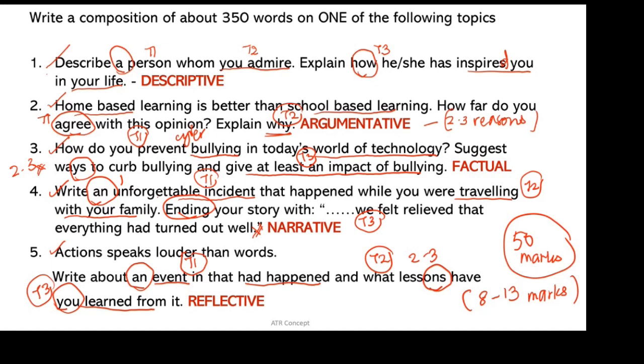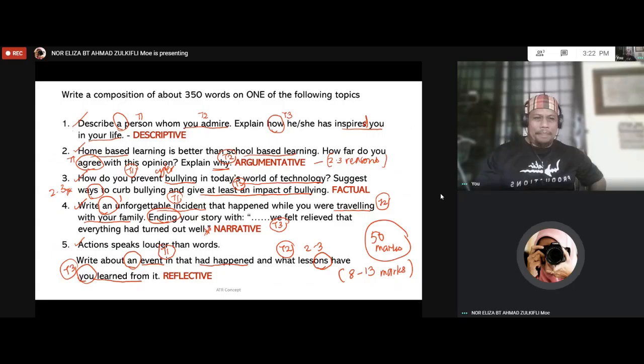So don't waste your time. It's okay to spend 5 minutes to read carefully all the questions and decide which one is the best for you for the day, rather than do the essay halfway and then you don't have time to write another essay. So be wise. Think wisely before you continue.